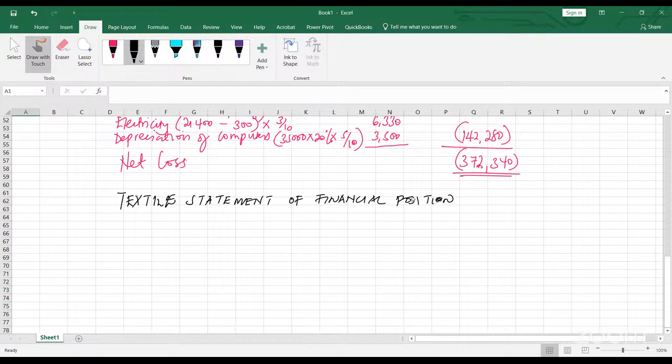Statement of financial position, as at which date?